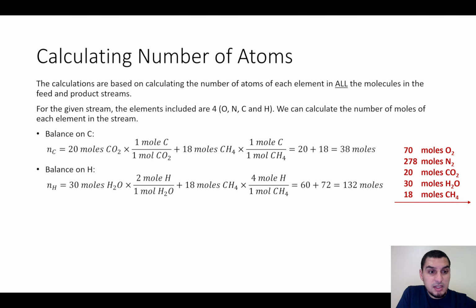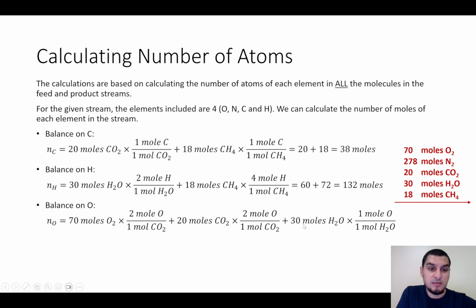Then for oxygen, we have oxygen in O2, in CO2, and in H2O. So it's going to be 70 times 2 plus 20 times 2 plus 30 times 1, and the result would be 210 moles. And finally for nitrogen, it's only in N2, so it's 278 times 2.